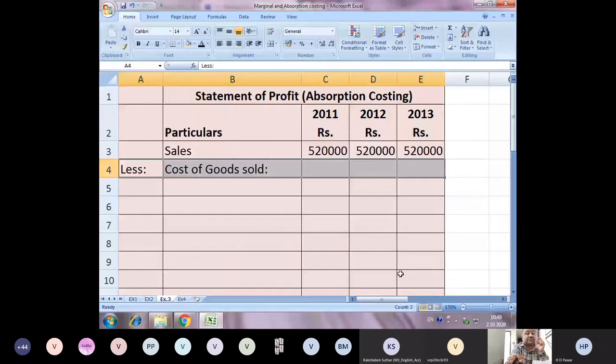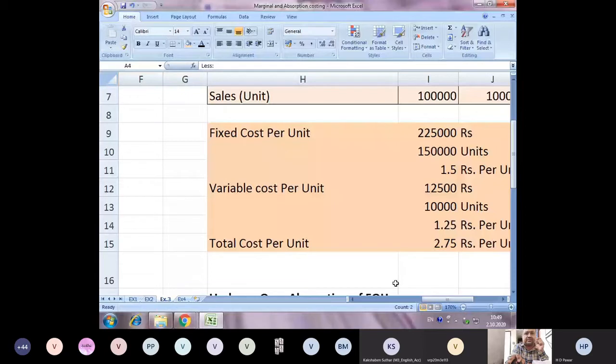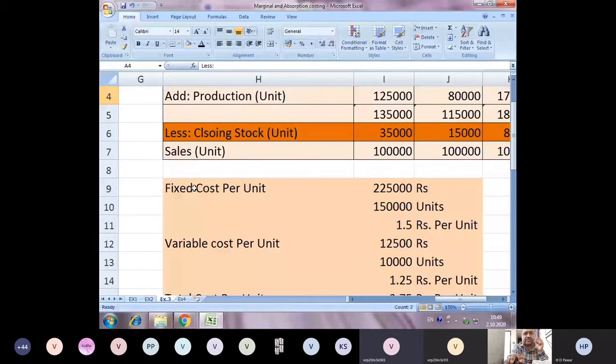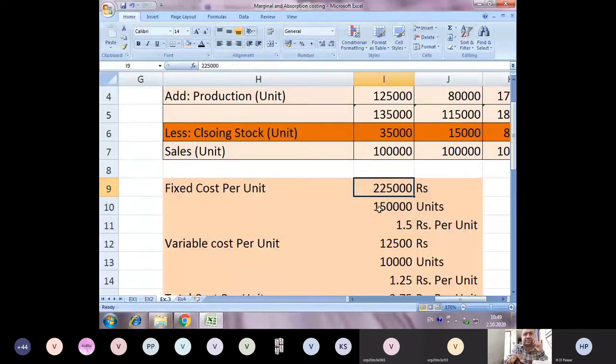Calculate it. 2,25,000 divided by 1,50,000. Okay, 1.5. See here, I can show you this calculation. This is your fixed cost, 2,25,000. This is your normal production, 1,50,000. So 2,25,000 divided by 1,50,000, the answer is 1.5.